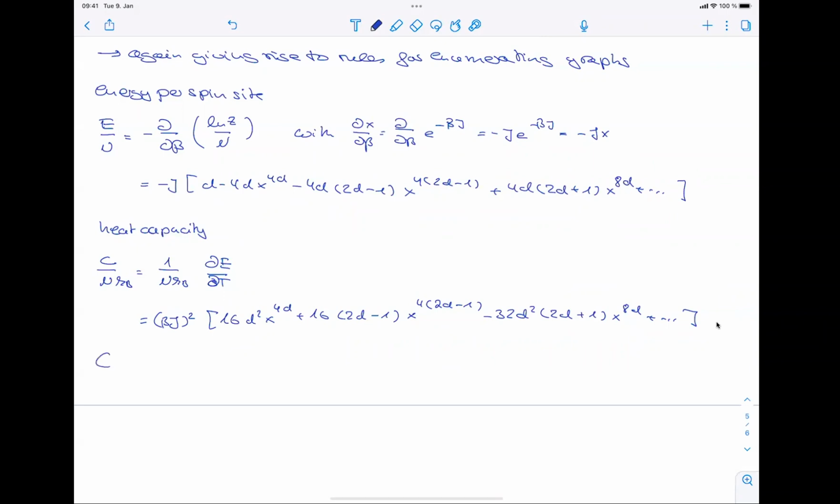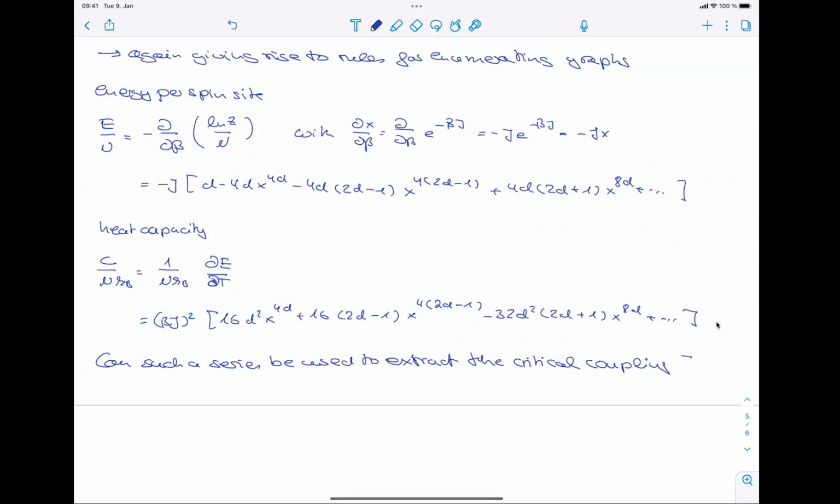And the question is, can such a series be used to extract the critical coupling, say, the coupling at which I expect criticality.